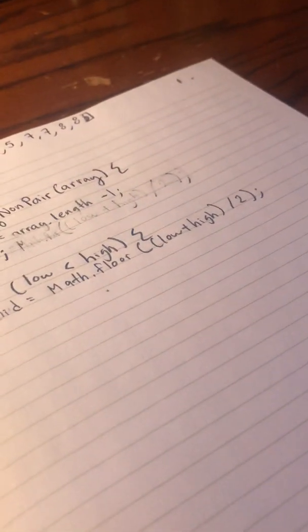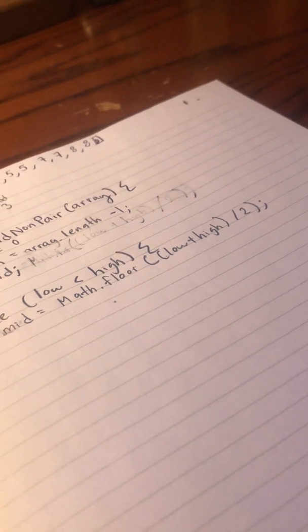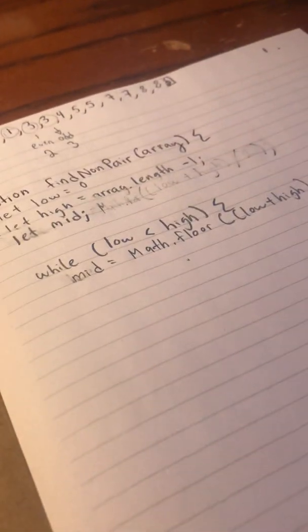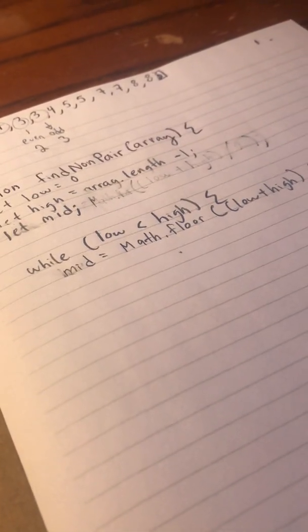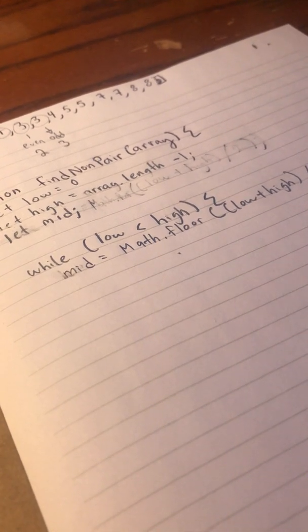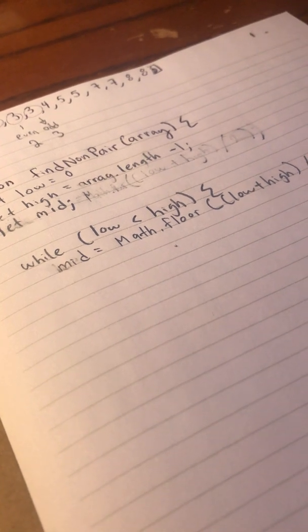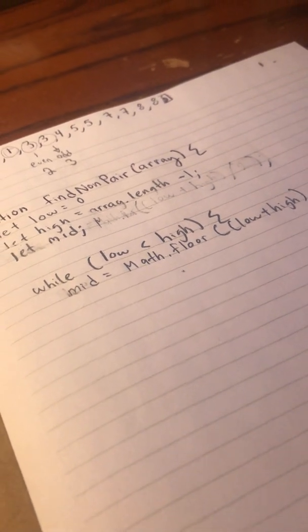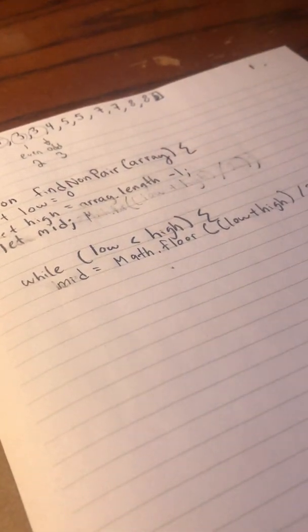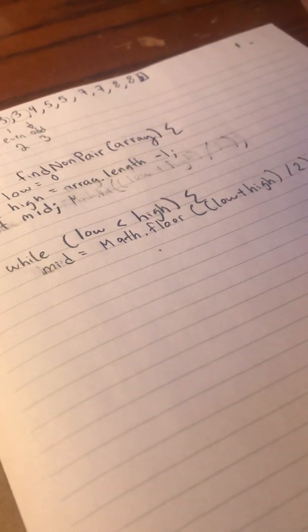Okay, so now we're going to start checking. Again, if our mid happens to be an even number, we're going to check the right side, and if it's an odd number, we're going to check the left side. But we're also going to update our respective lows or highs depending on which side we're checking.